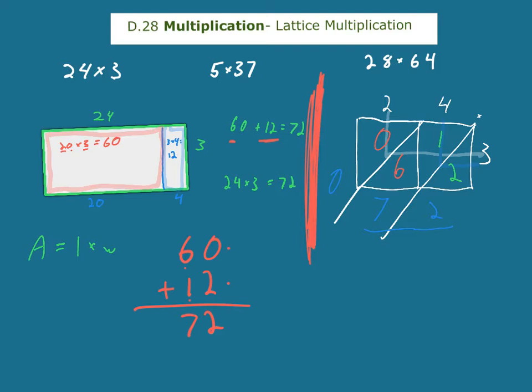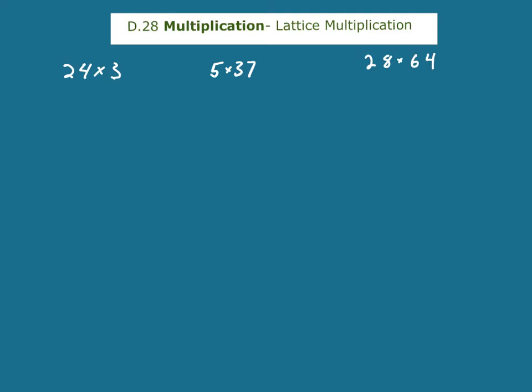So let's just do another problem, and I'll just focus on the lattice part. So let's do 5 times 37. Now, if I do 5 times 37, that is the exact same problem as 37 times 5. You can flip those around in multiplication or addition. It doesn't matter the order. And I like to flip them around.